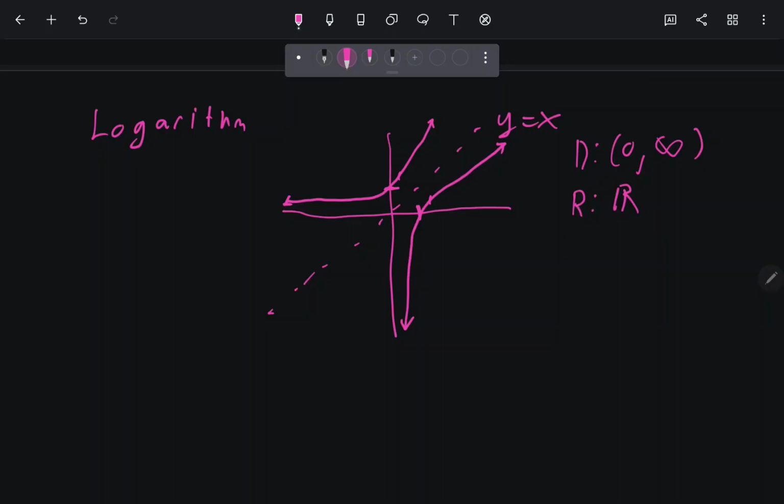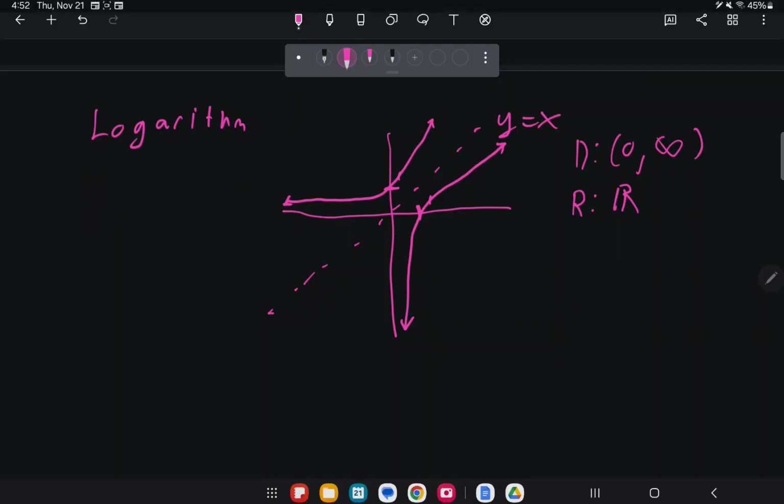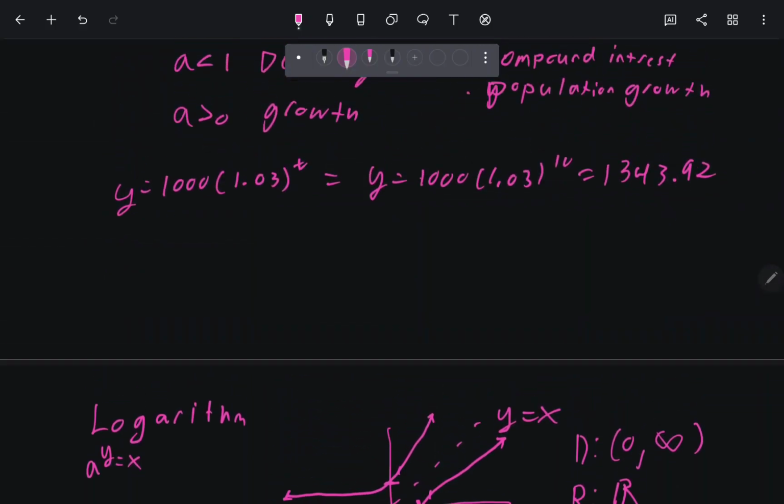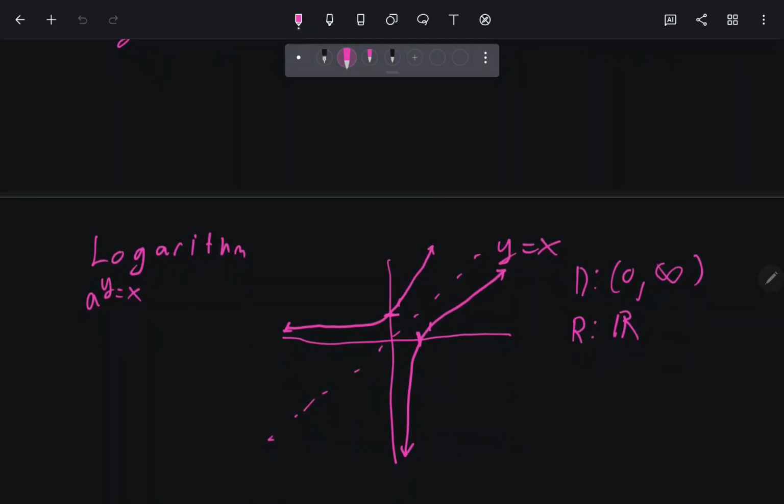Now, let's start talking about how they look. Let's start out by saying that we have a to the y is equal to x. Scratch that, we're going to do the inverse the normal way. So we start out with y is equal to a to the x. Then, to find its inverse, we put in x's for y's and y's for x's, so x is equal to a to the y.